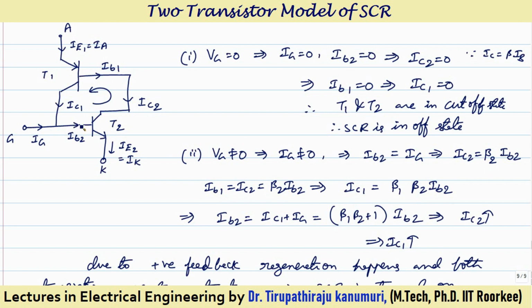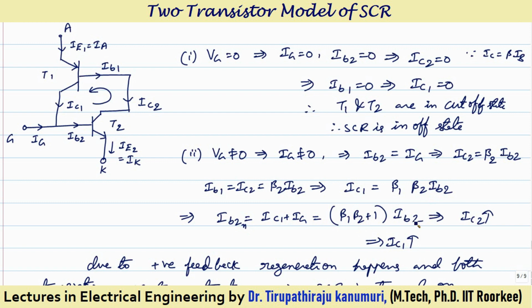The new value of IB2 will be the sum of the gate current plus IC1. Agree with me? IC1 plus IG. IC1 is beta 1 multiplied by beta 2 multiplied by IB2, plus I have to add IG also.